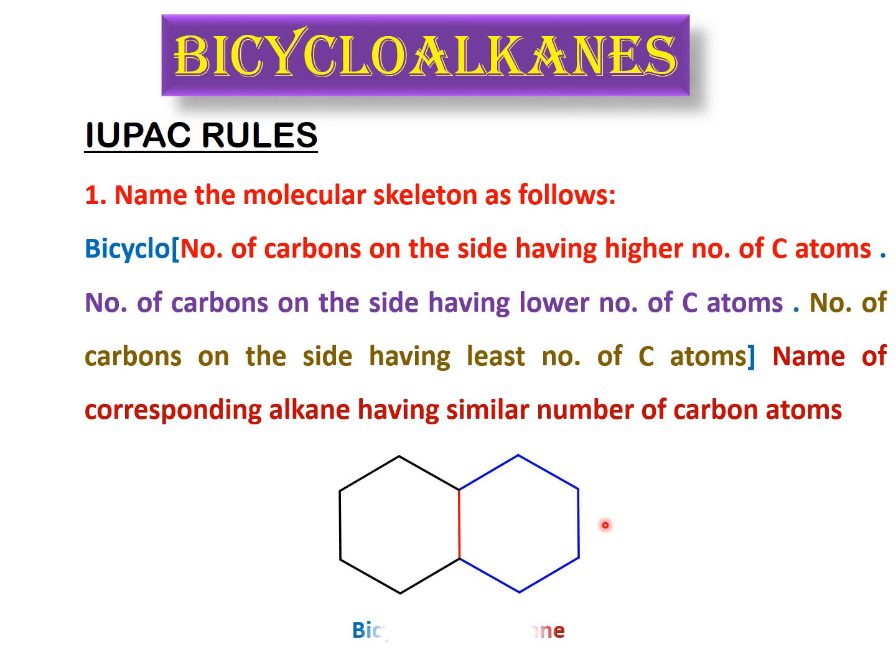So finally we have the name as bicyclo, then in square brackets you write 4 for this side, dot 4 for this side, and then dot 0 for this side, and finally we write the name of the corresponding alkane, that is decane, because this molecule has a total of 10 carbon atoms.